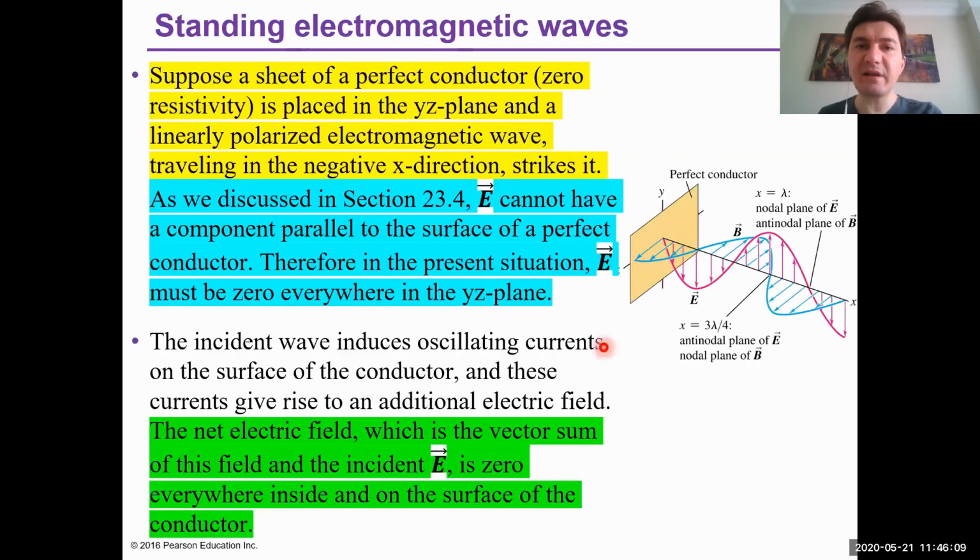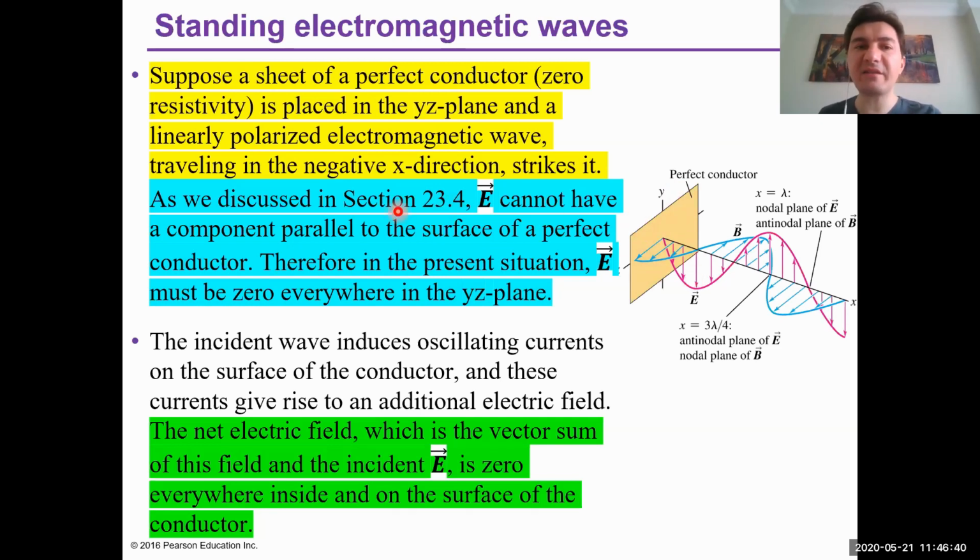Let's consider that here we have a perfect conductor, and it is placed in the YZ plane. This is the x-axis, this is the y-axis, this is the z-axis, and this conductor is placed in the YZ plane. And we have a linearly polarized electromagnetic wave which is traveling in the negative x direction and strikes this perfect conductor.